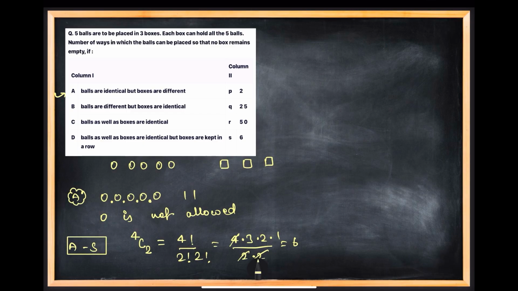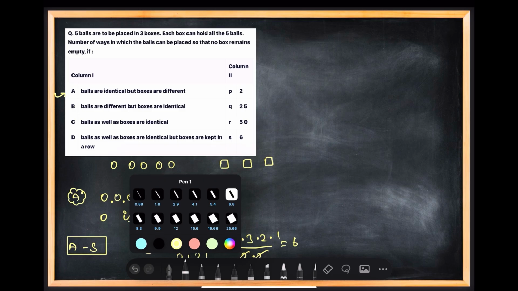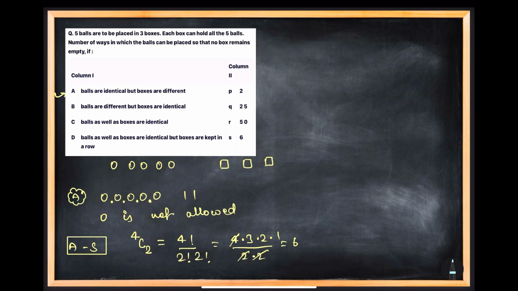Okay, so this is the answer for part 1. Now focus on the second situation. Balls are different, but boxes are identical.